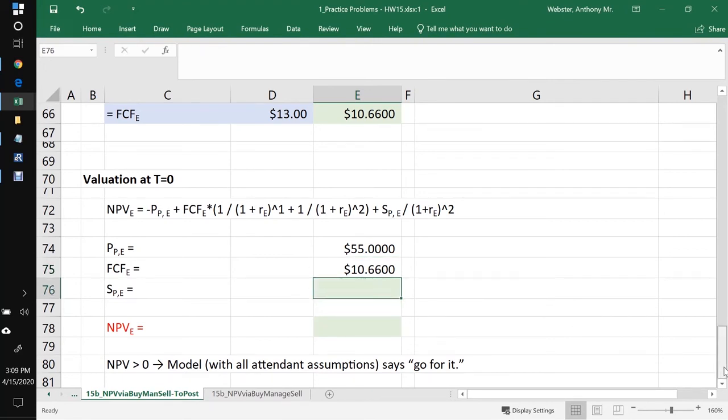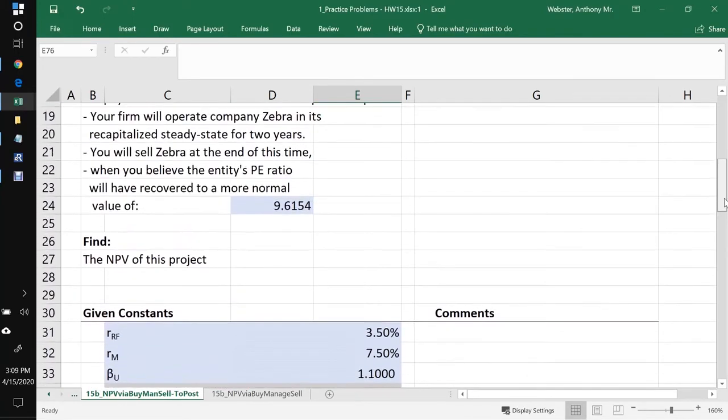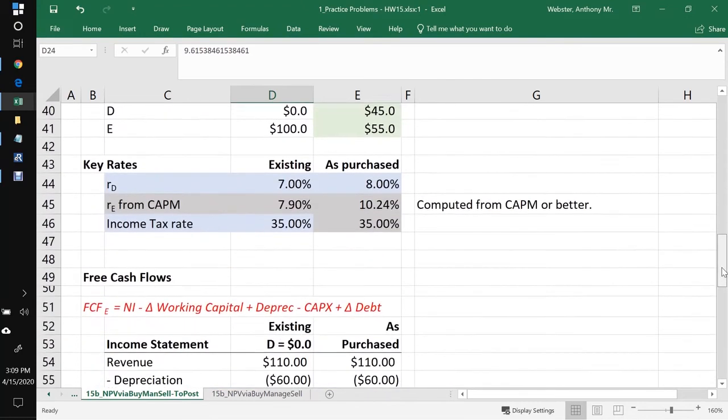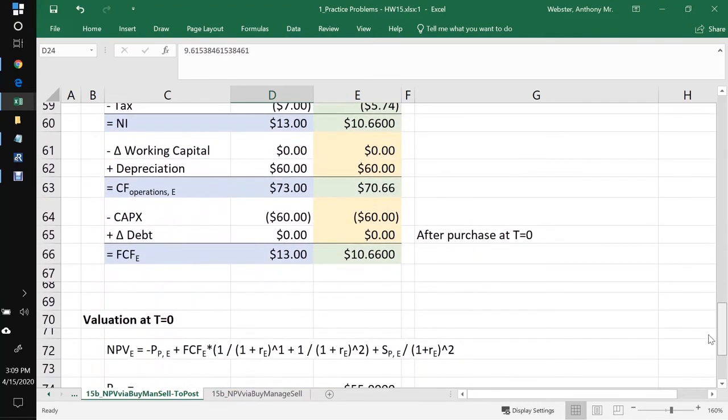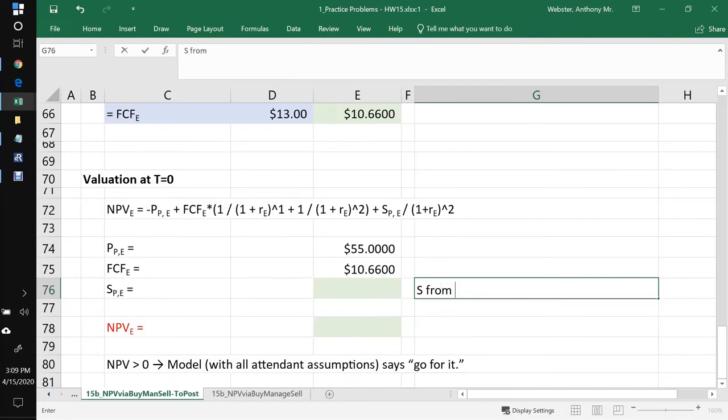So the sale price, we should be able to figure out from the PE ratio. This is going to be 2 years in the future when they think the market has improved. So let's see if we can figure that out here. We get S from the PE ratio.